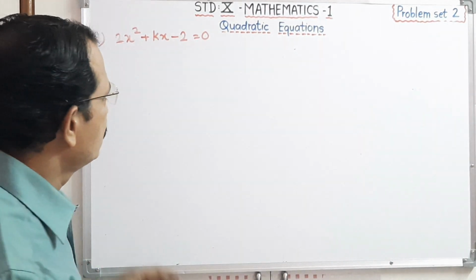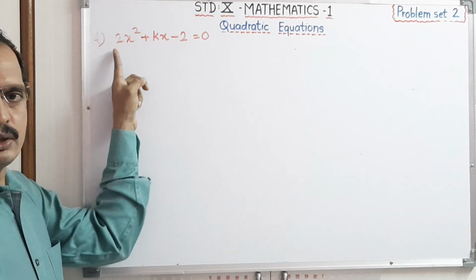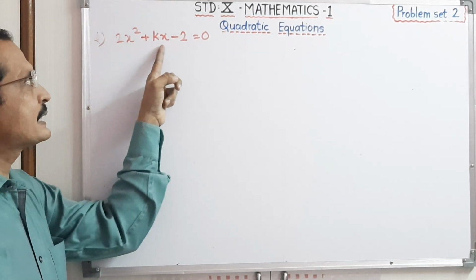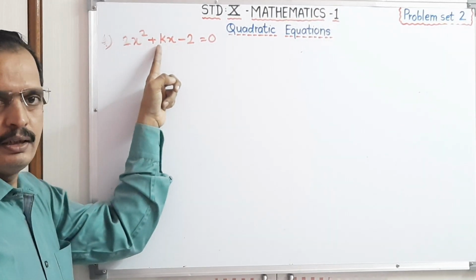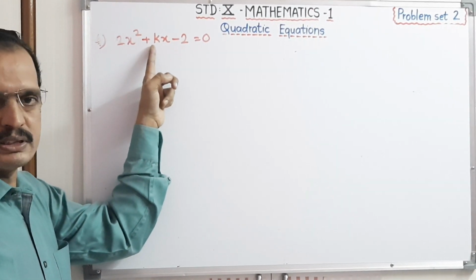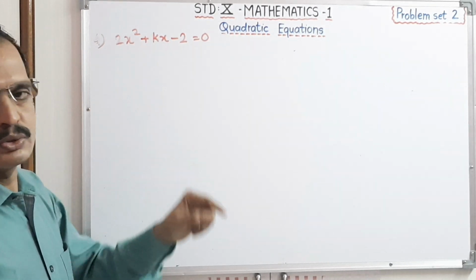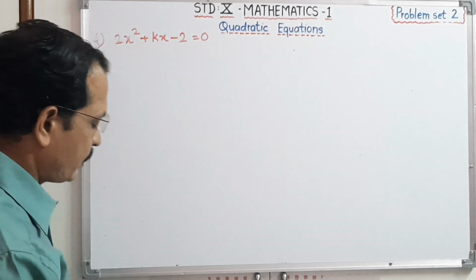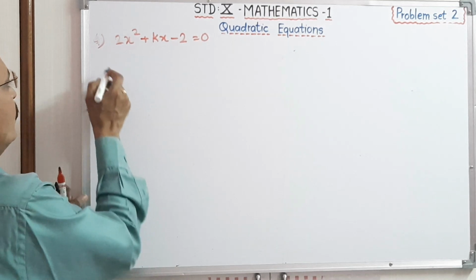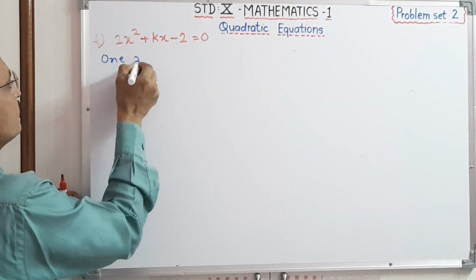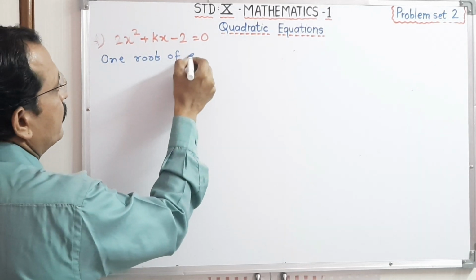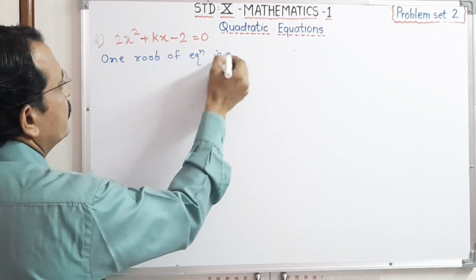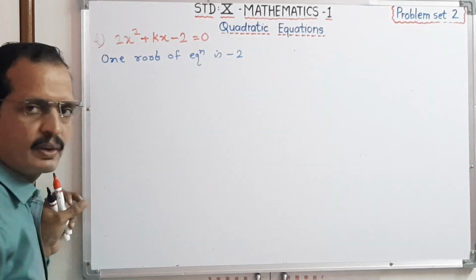Dear student, see, the equation is given, 2x square plus kx, where the value of b is k, and we have to find the value of this k. For that purpose, one root is given. Therefore, we have to write here: one root of the equation is minus 2.